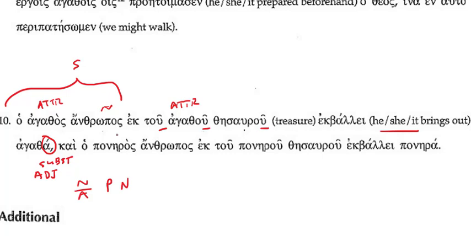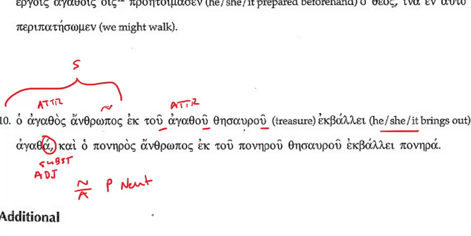Now, if it were nominative plural or accusative plural masculine, it would be he brings out good people or good men, right? So you have to be careful and pay attention to the fact that this is a neuter plural substantival adjective. So could I say good objects as well? Yeah, you could.